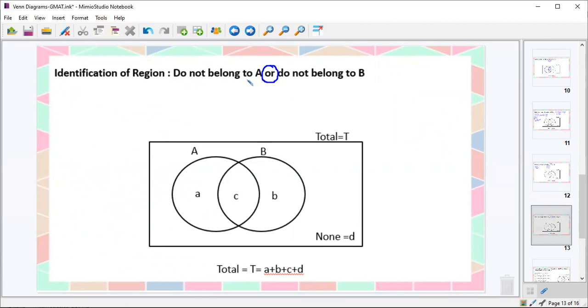Do not belong to A: I'm going to leave out A. If I leave out A, I am left with B and D. So do not belong to A is B comma D. Similarly, do not belong to B is A comma D.